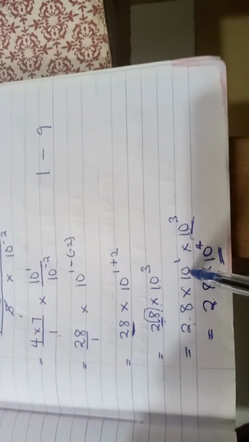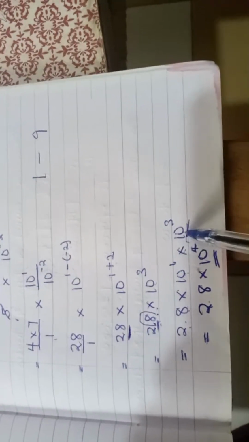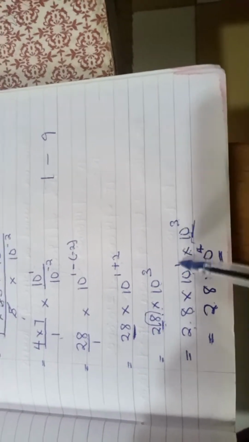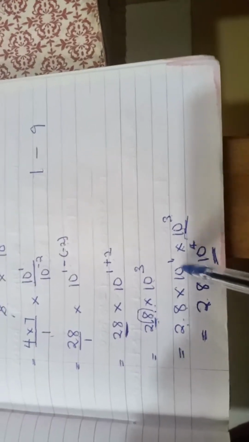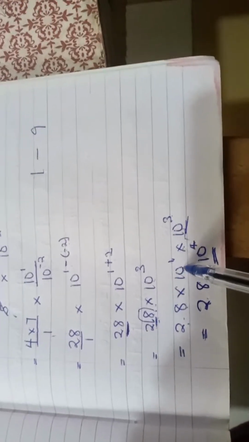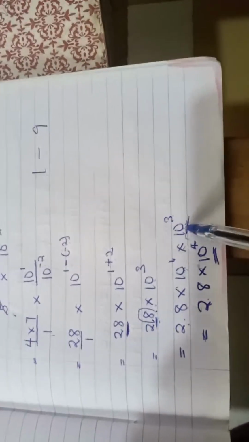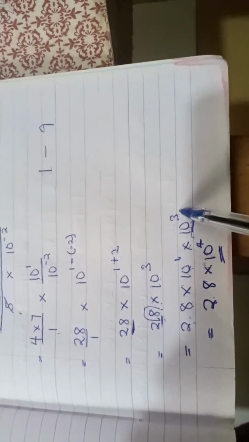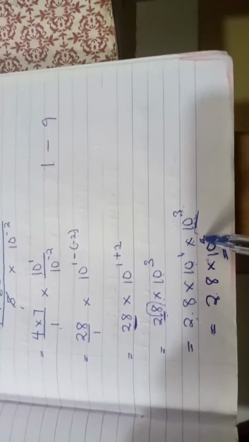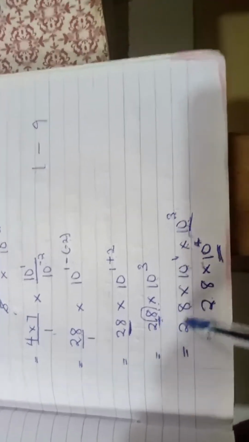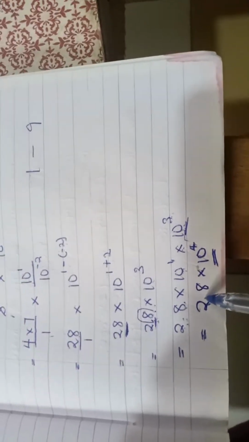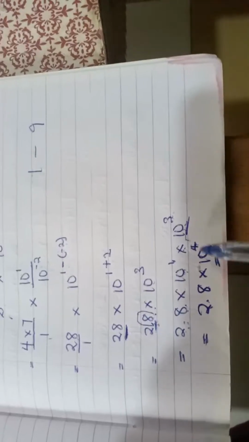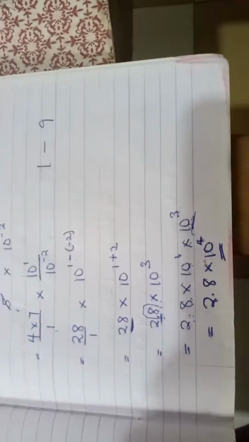So we now have 10 raised to the power 1 times 10 raised to the power 3, which, using the first law of indices, says that when bases are the same and you are multiplying, you add the powers. So we are going to add 1 plus 3, giving us what? 4. Remember, the 28 is now 2.8 and this gives us the answer as 2.8 times 10 raised to the power 4.